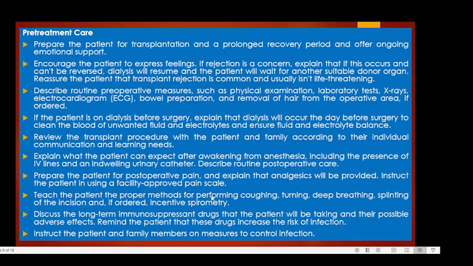In most cases, you'll be using OPQRST, where you are able to rank the pain from 1 to 10, or SOCRATES for that matter. You teach the patient the proper methods of performing coughing, turning, deep breathing, splinting of the incision, or, if ordered, incentive spirometry. The patient will have to splint as they cough, okay?